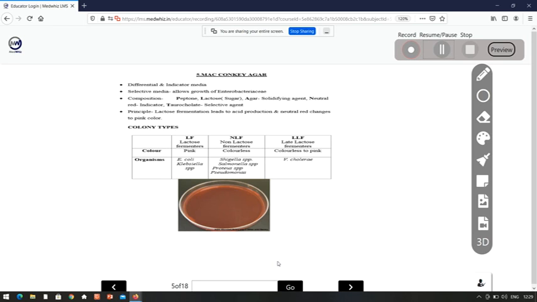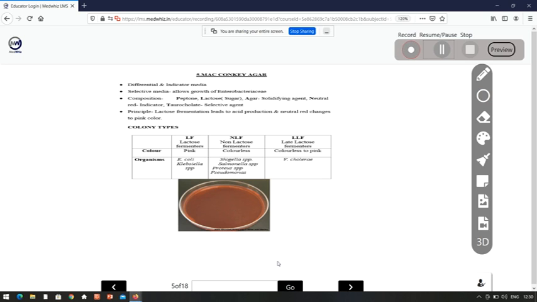Those bacteria which do not ferment lactose remain as colorless colonies. They are called non-lactose fermenters. That's why we call MacConkey agar a differential media, where it clearly differentiates between lactose fermenters and non-lactose fermenters.